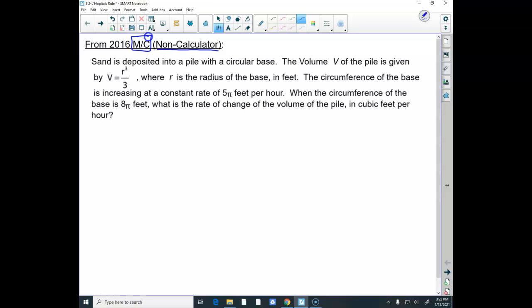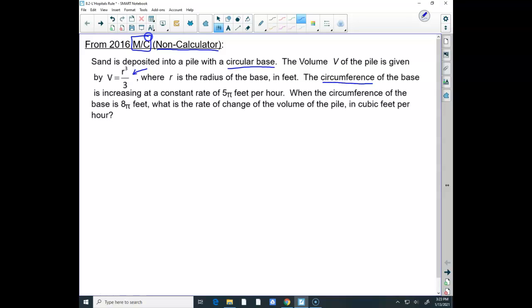And this one says, sand is deposited in a pile with a circular base. The volume V of the pile is given by the volume equals pi r cubed divided by 3, where r is the radius of the base in feet. Okay? The circumference of the base, now they're switching gears. I see no circumference in here.